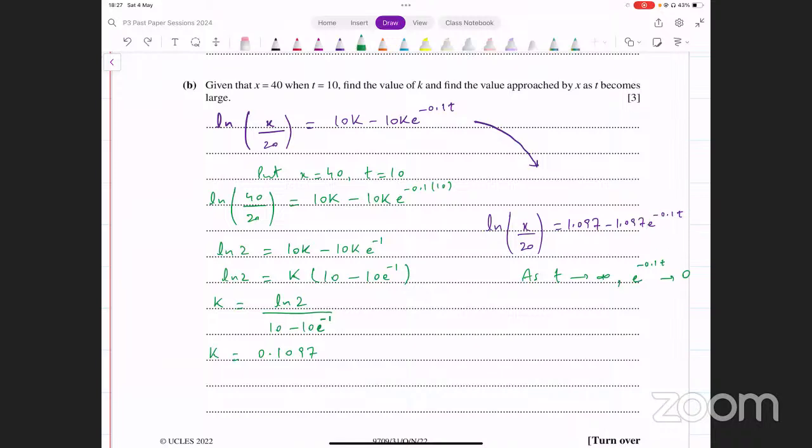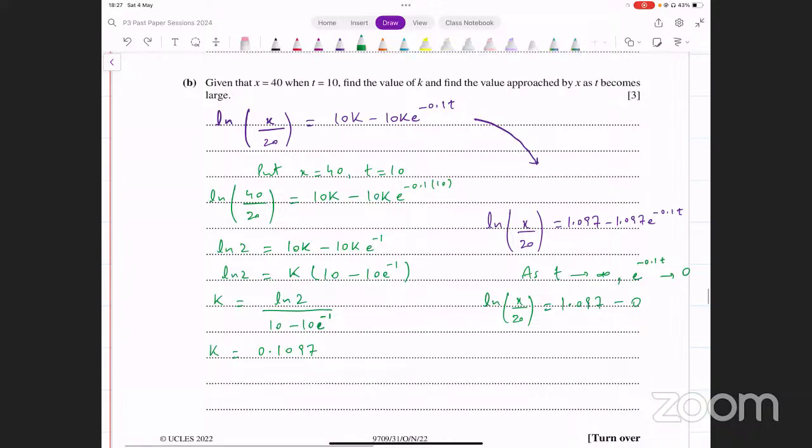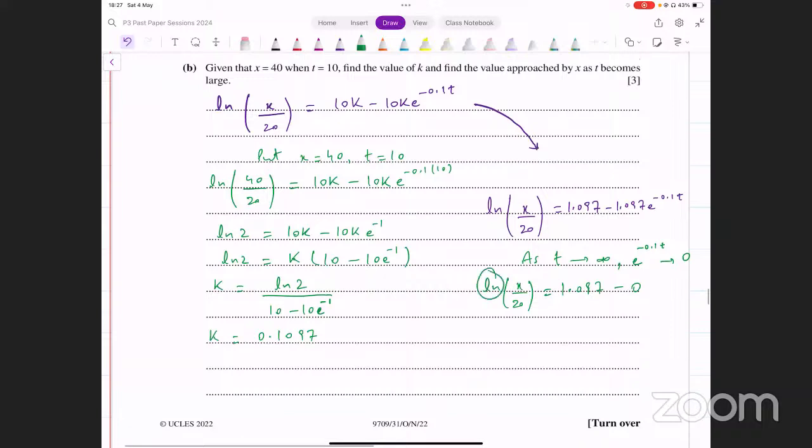Now, when that happens, it means ln of x over 20 equals 1.097 minus zero, right? Because this whole thing becomes zero. And now you can figure this out. The base of ln is e, so it becomes x over 20 equals e raised to power 1.097.